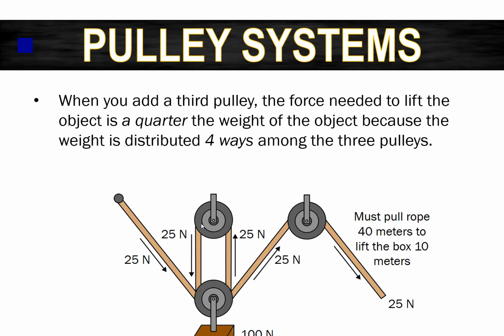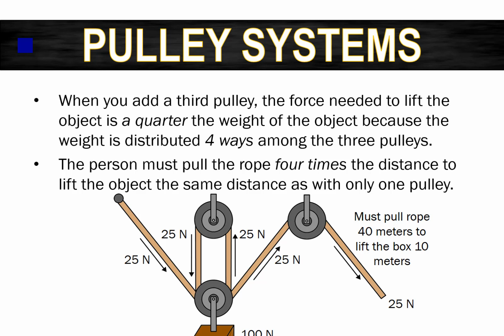So now we only have to use 25 newtons of force, but we have to pull the rope 40 meters for it to lift. So it's easier for us, but we have to do it for longer, right? If you'll notice, we start out with 100 newtons of force. So now I'm only having to use 1/4 of the force I started with, but my distance multiplied by 4. It increased by 4 times.